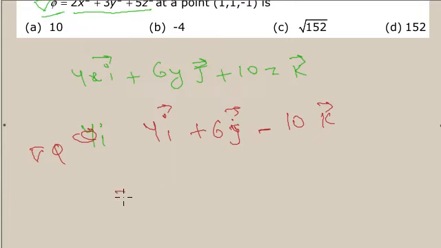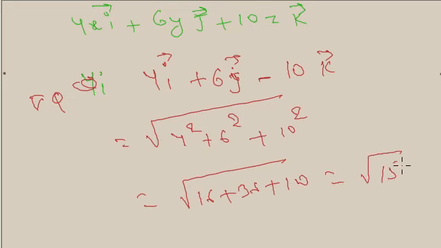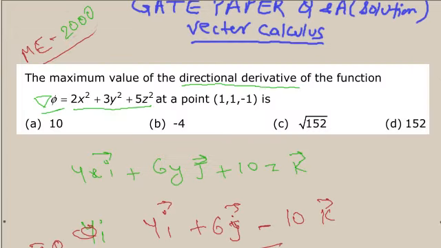So the magnitude is the square root of 4 squared plus 6 squared plus 10 squared, which is equal to 16 plus 36 plus 100. That means it equals root over 152. So the answer is this.